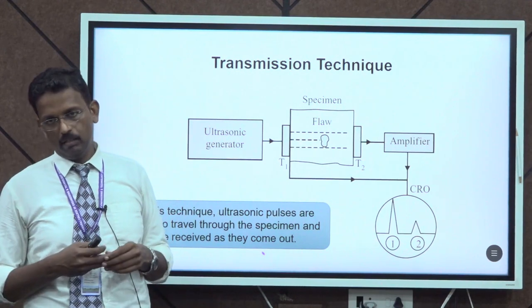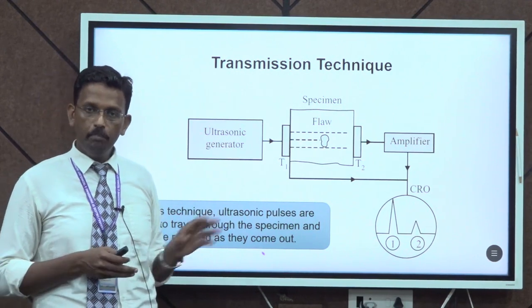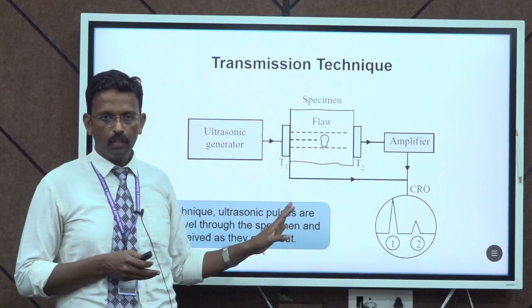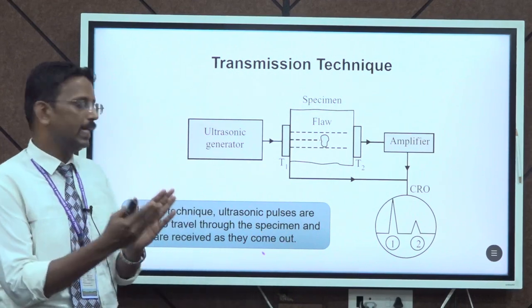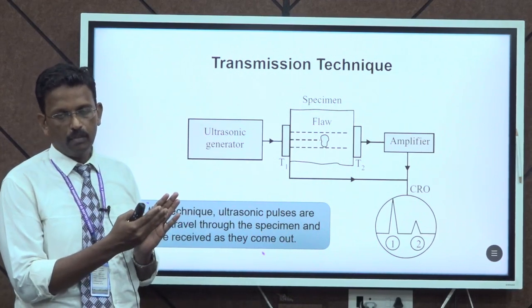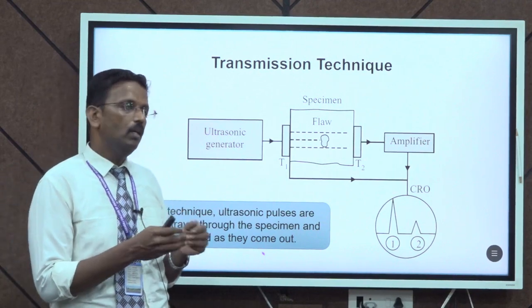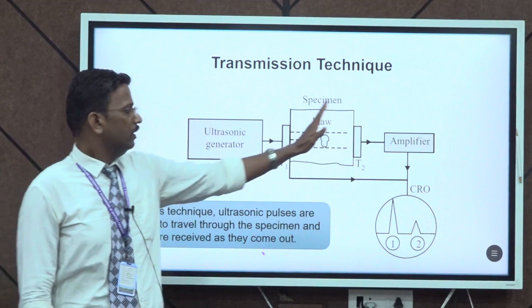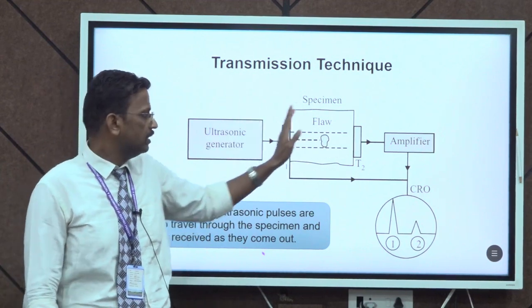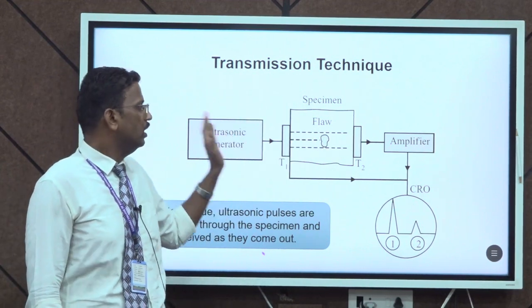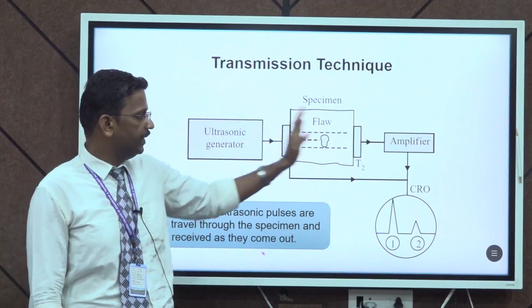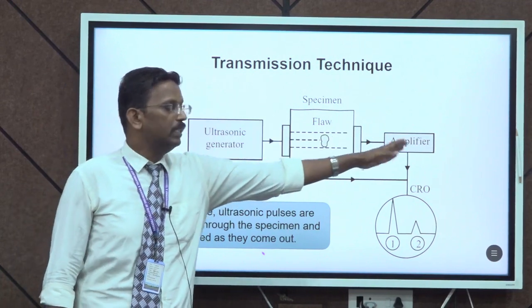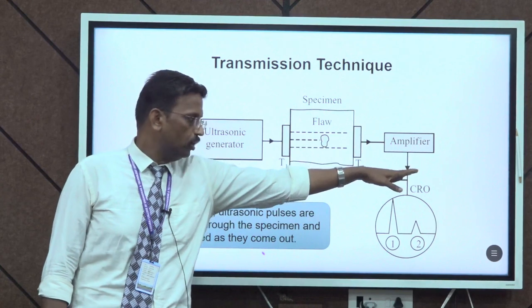by the sender. So, the main problem of this method is that we need to access both sides of the specimen, right. In our previous case, we did not need to access the bottom of the specimen. In this case, we should access both sides of the specimen. The ultrasonic waves are sent into the specimen and received by the other transducer on the other side.